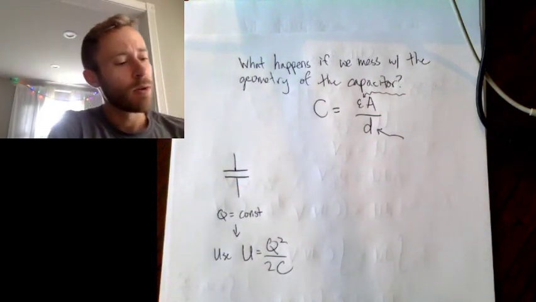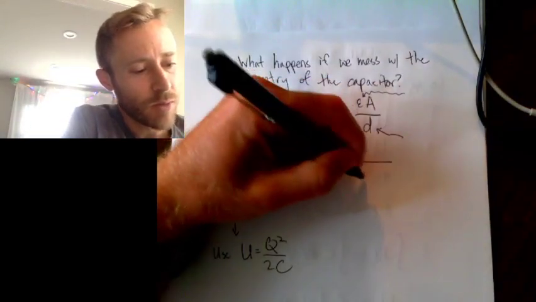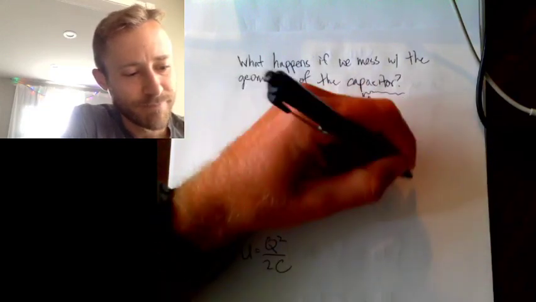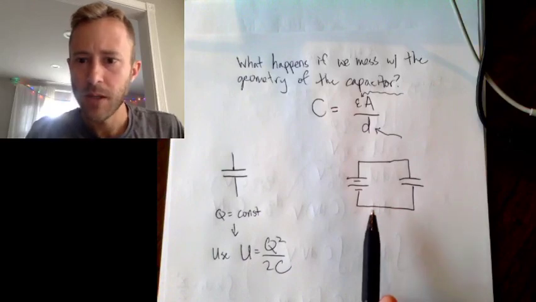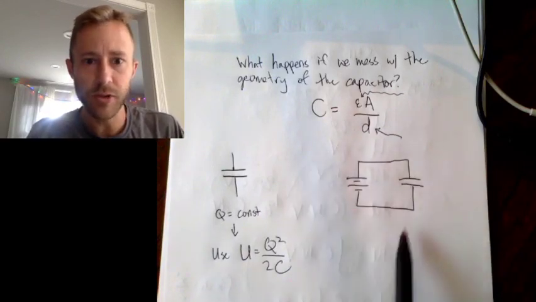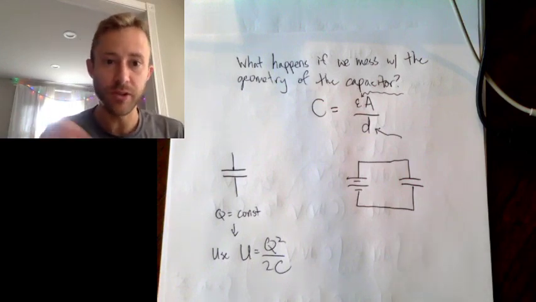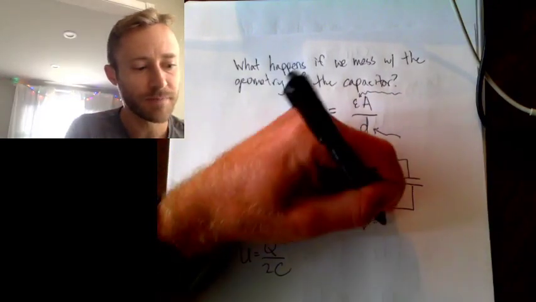But what if we are messing with the capacitor while it is hooked up to a battery? A battery provides a constant voltage. So in this case, we have V equals constant.